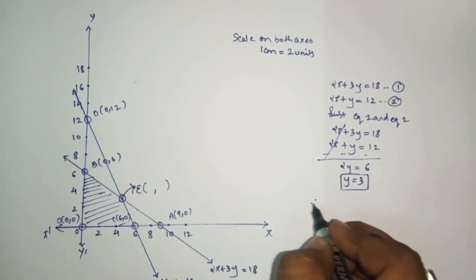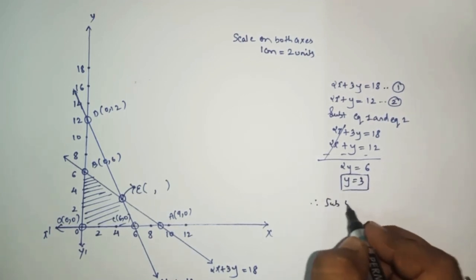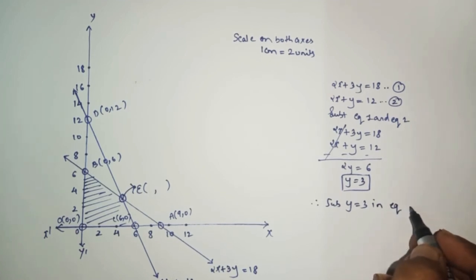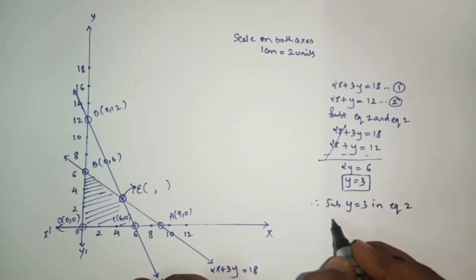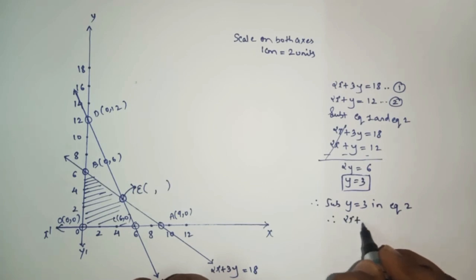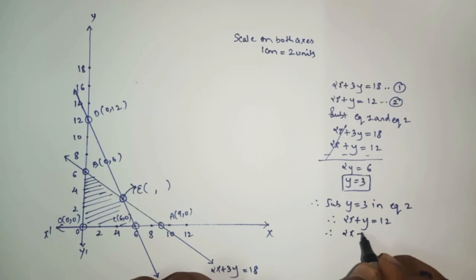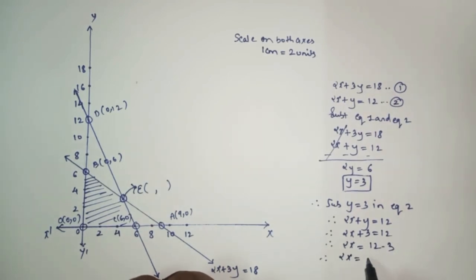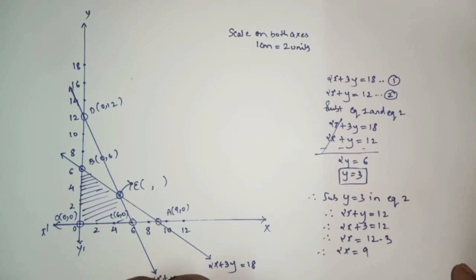So we'll substitute y equals 3 in any one of the equations. We'll take equation number 2. What is equation number 2? 2x plus y equals 12. So therefore 2x plus 3 equals 12. 2x equals 12 minus 3. 12 minus 3 is 9.